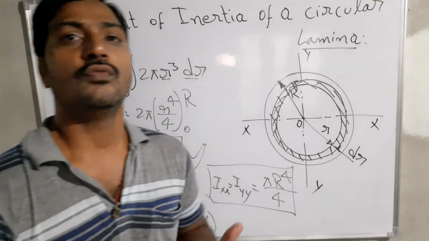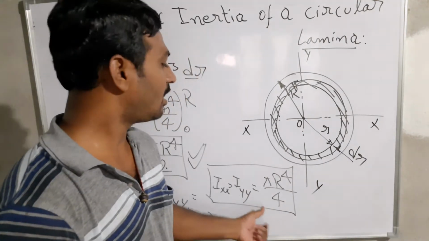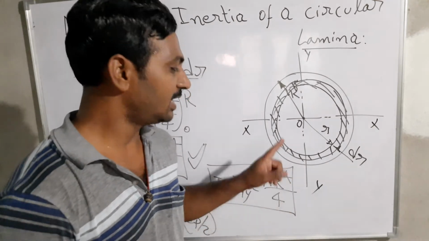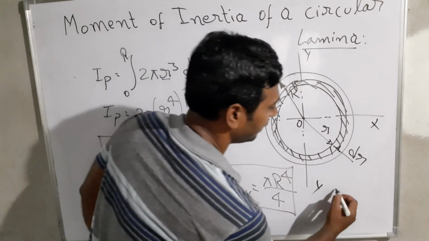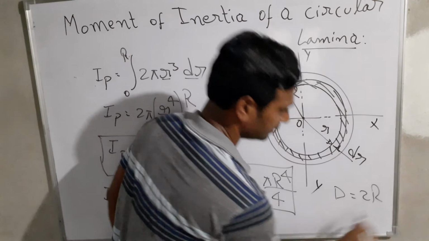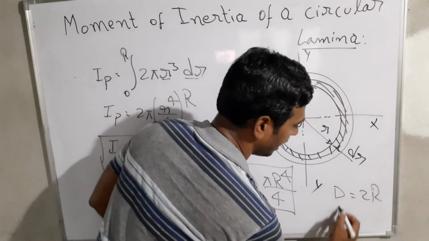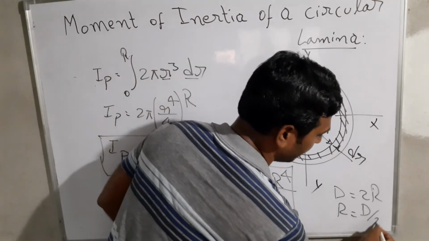Suppose you want to find the polar moment of inertia or the moment of inertia with respect to the diameter. As we know, the diameter d is equal to 2 into r. Right? So r is equal to d by 2.